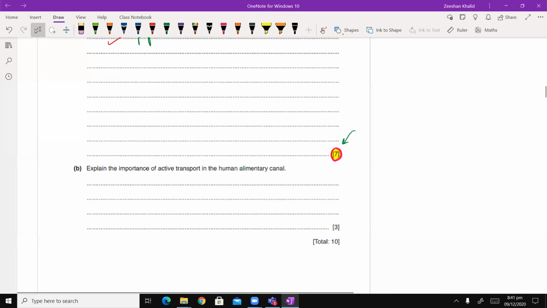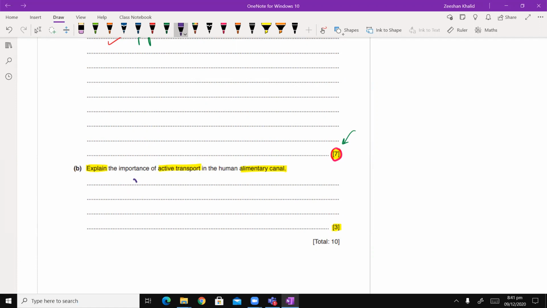Okay, B part. Explain the importance of active transport in the human alimentary canal. Explain और marks कितने 3. So active transport की क्या importance है alimentary canal में?